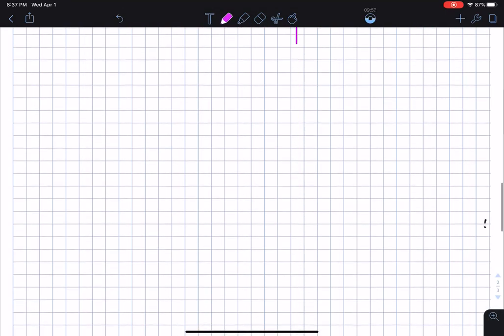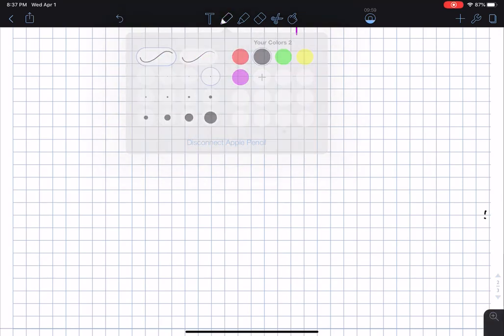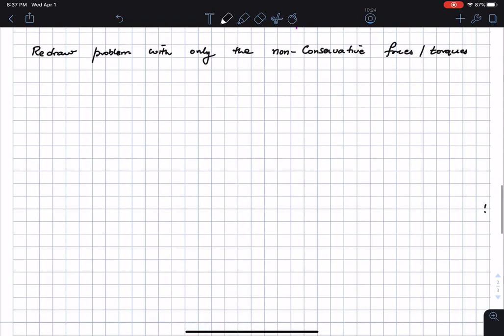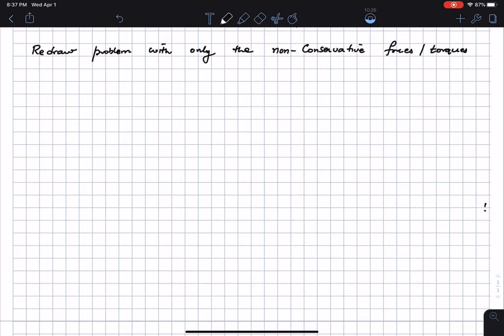So what I'm going to do is redraw the problem with only the non-conservative forces and torques. And so here I have the cart.